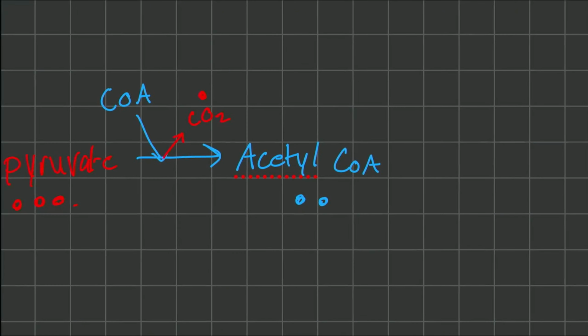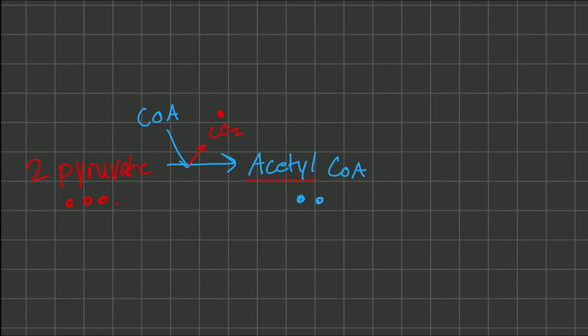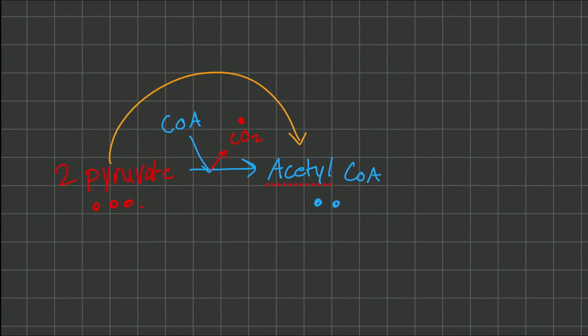Another thing we're doing in this process of oxidizing pyruvate into Acetyl CoA is reducing NAD plus into NADH, which is very common. This is the same idea here. Remember that when we're oxidizing, we're losing electrons. When we're reducing, we're gaining electrons.